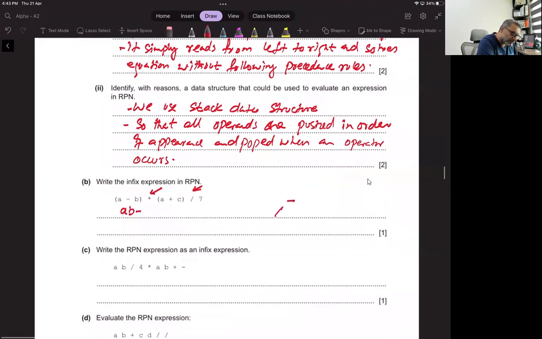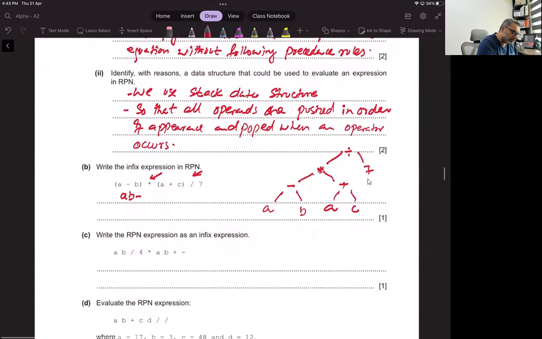You see, this is a b, then we have a c, they are being multiplied and then divided by 7.